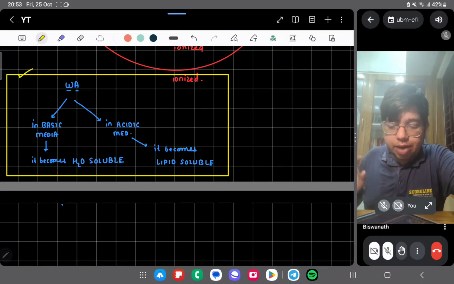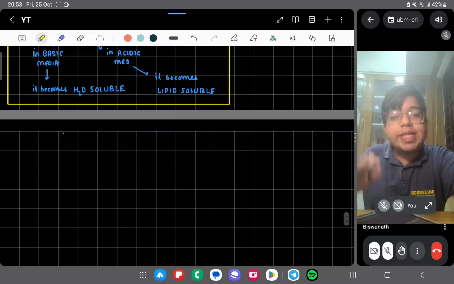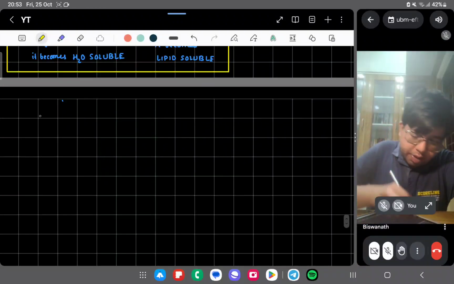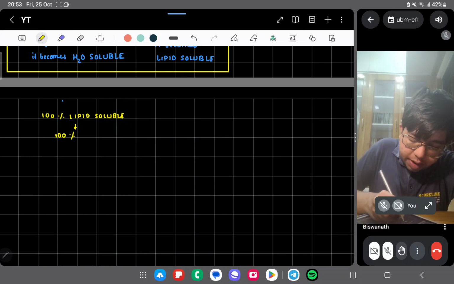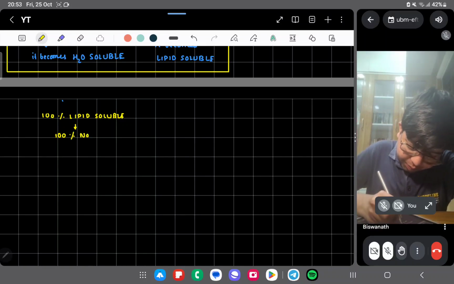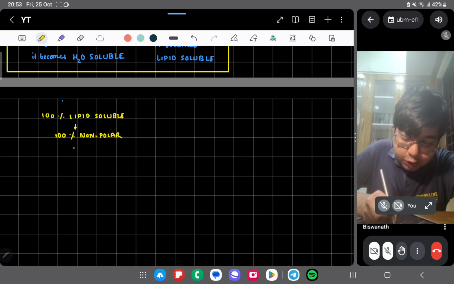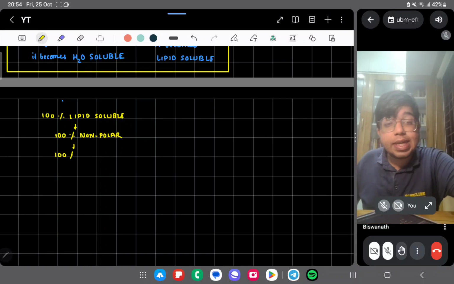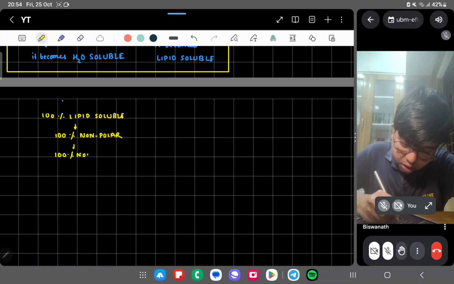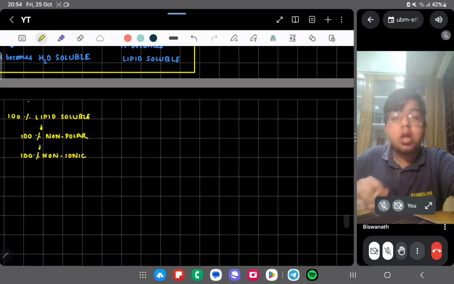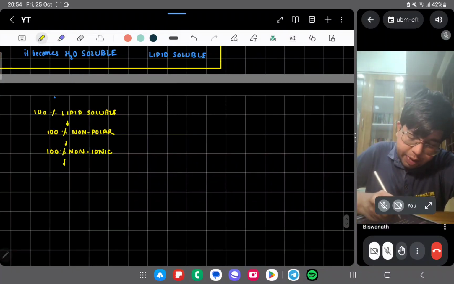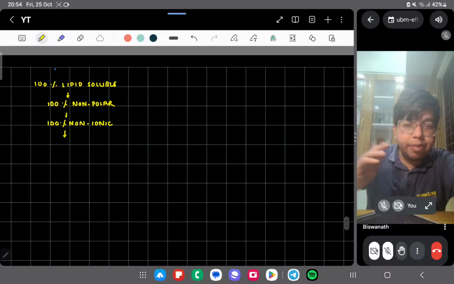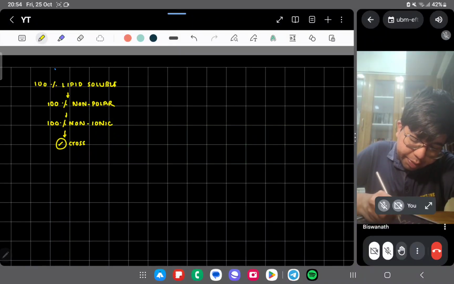Let me state my approach first. Whenever we say a drug is 100% lipid soluble, we mean that the drug is 100% non-polar and 100% non-ionic, and it can cross the cell membrane.